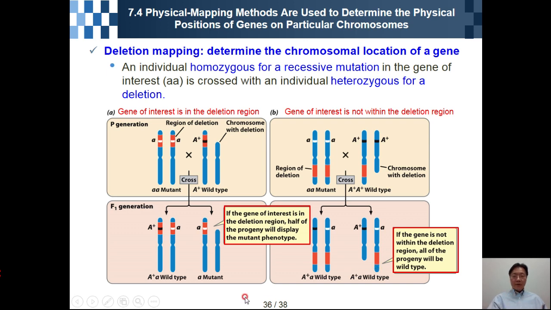So if they show 50% wild type and 50% mutant, it means that our gene of interest is located in the deletion region. If they show 100% wild type, it means that our gene of interest is not within the deletion region.